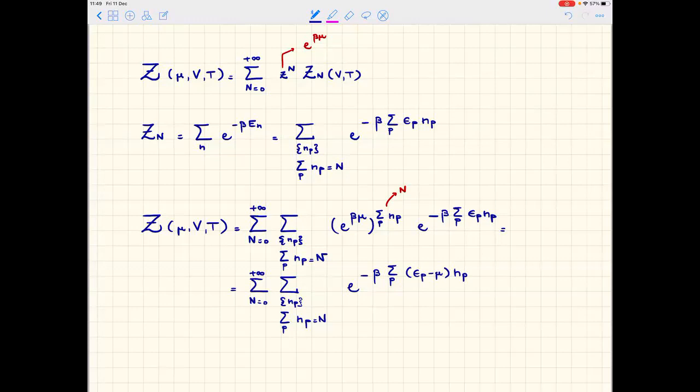Now let's look carefully at these two sums. It's very similar to what we had for the cluster expansion. Here we are summing over all possible numbers of particles, and then over all sequences of occupations subject to the constraint that the sum of all the elements is equal to n. These are the two constraints I have to satisfy.